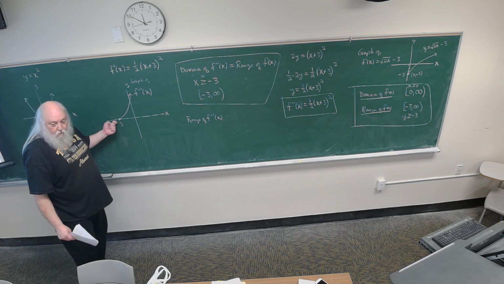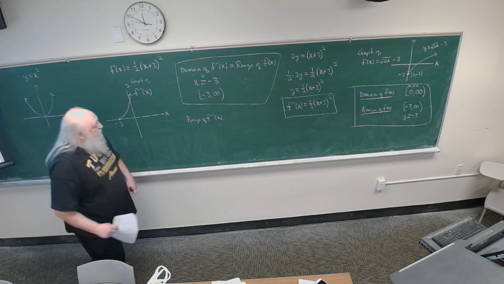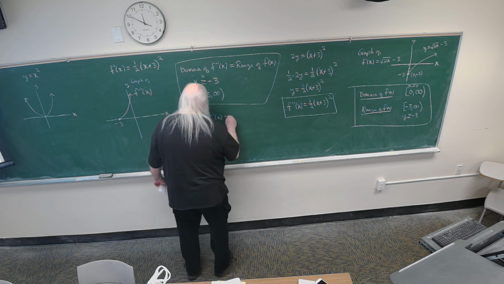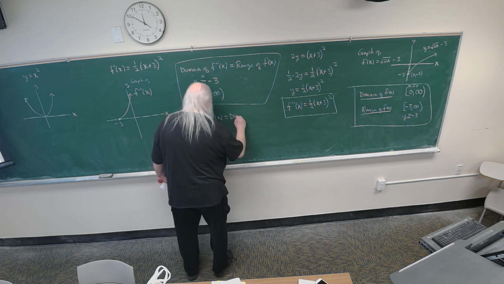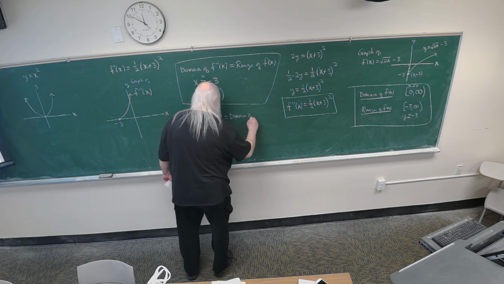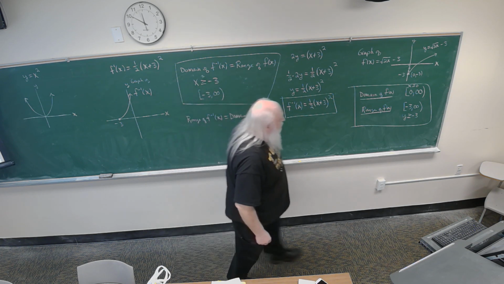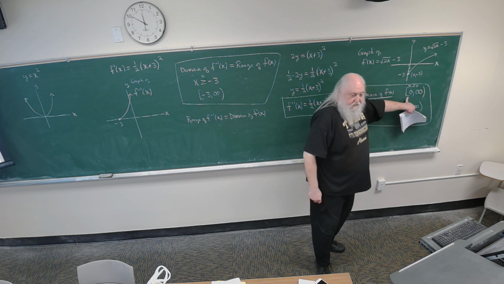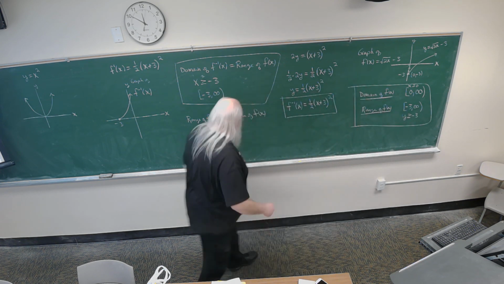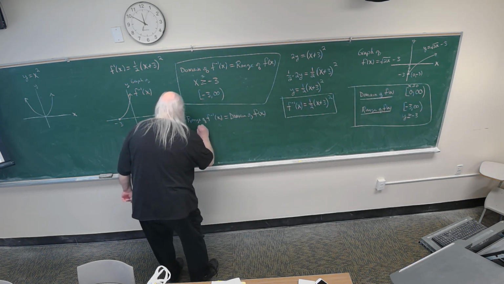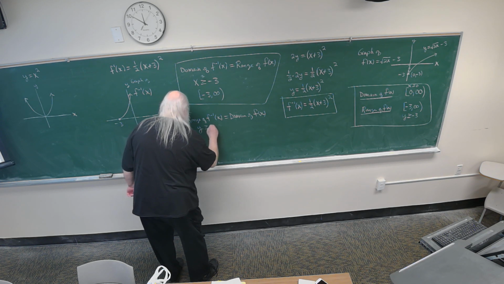What's the minimum y coordinate? 0. There's no maximum. And the range of f inverse is equal to the domain of f of x, which is all real numbers greater than or equal to 0. So we have y greater than or equal to 0, or 0 to infinity.